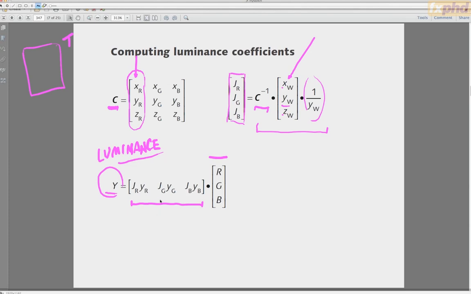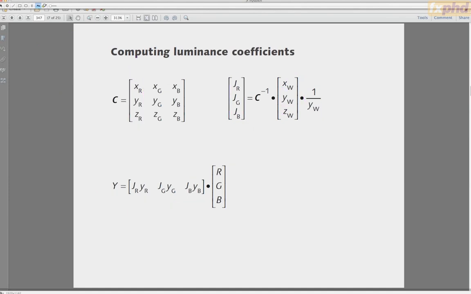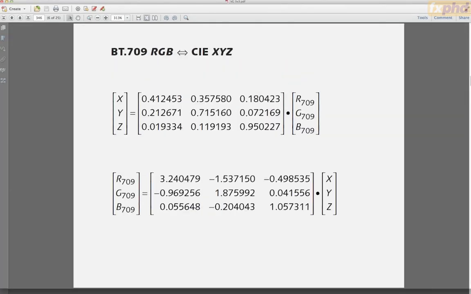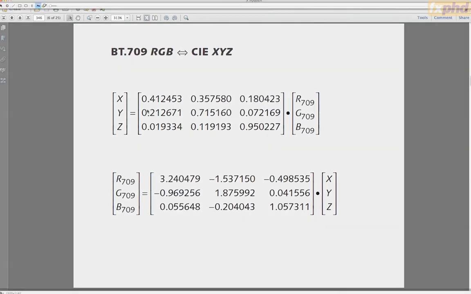Now, the luminance coefficients are important. So we know that taking one step back to the 709 flavors, the luminance coefficients are the middle row of that matrix. And it's the luminance coefficients that are telling you that blue, when you form this dot product, only contributes about 7% to luminance.